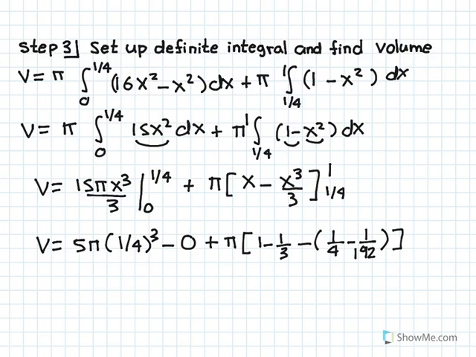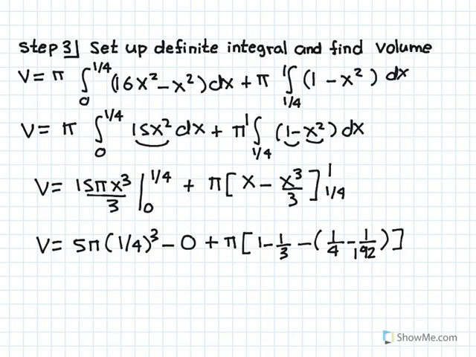And now we simplify this a bit further. Let's do that on the next page. So we have volume is equal to 5 pi times 1/4 cubed minus 0 plus pi times, let's look at the last page, 1 minus 1/3, that's 2/3.